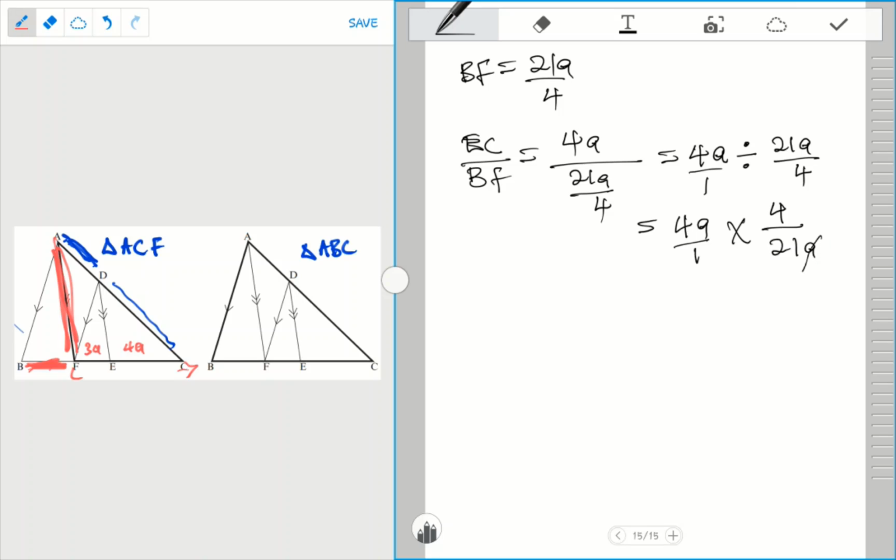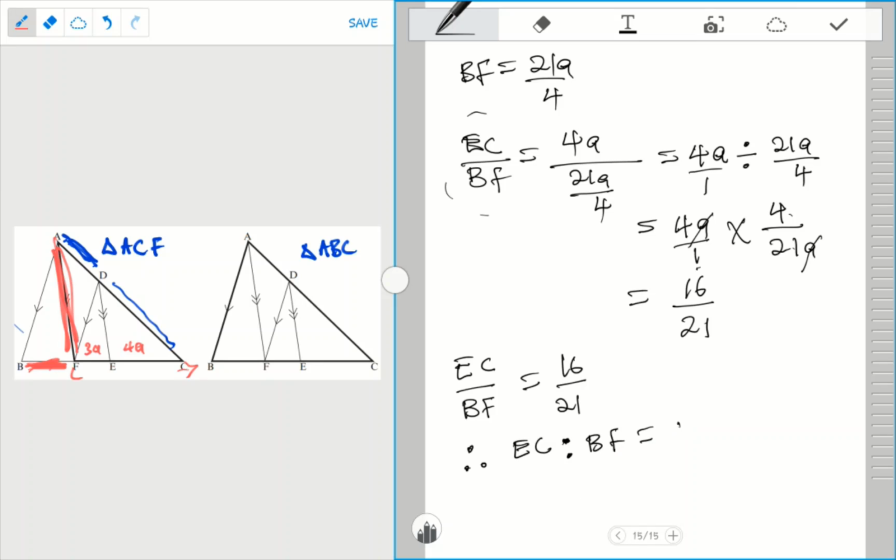And therefore, this A and this A will cancel each other. Then 4 times 4 is 16, 1 times 21 is 21. Basically, EC over BF is the same as 16 is to 21. Therefore, EC is to BF is equal to 16 is to 21.